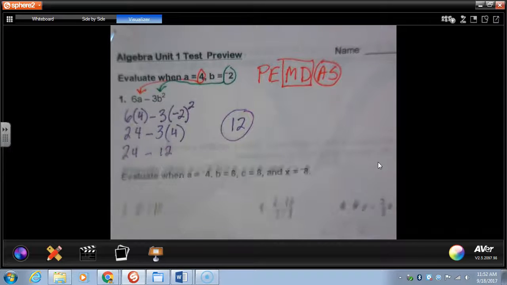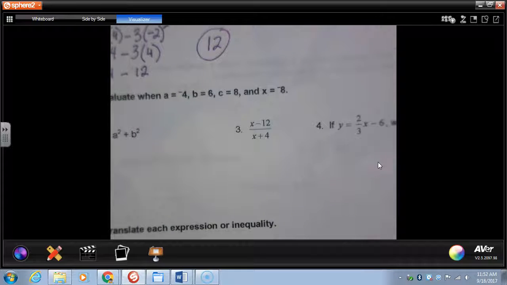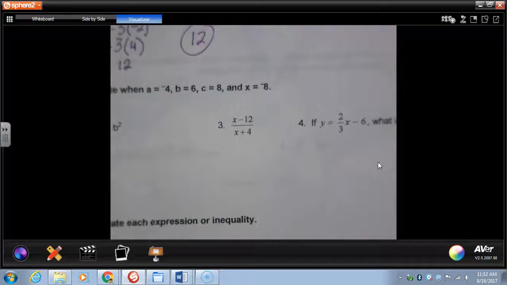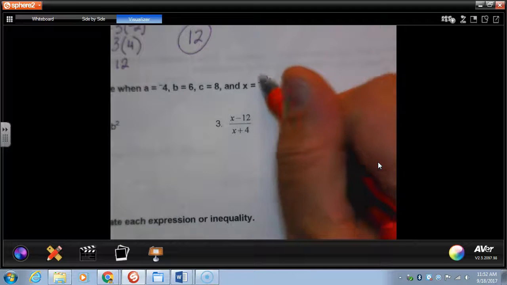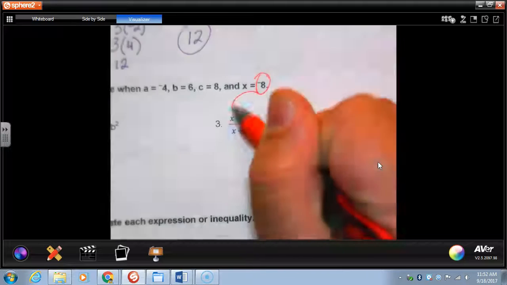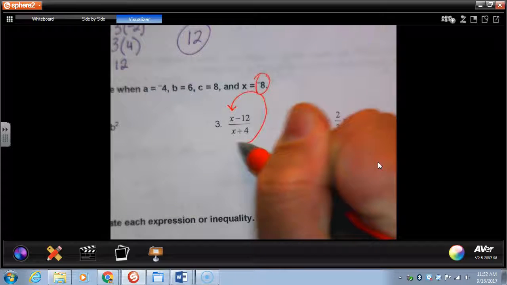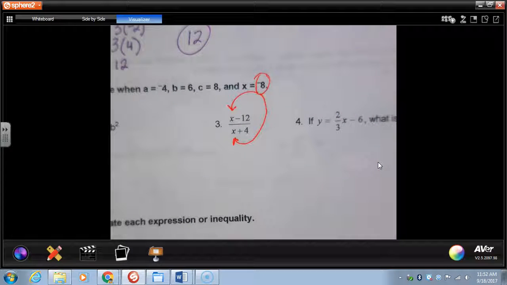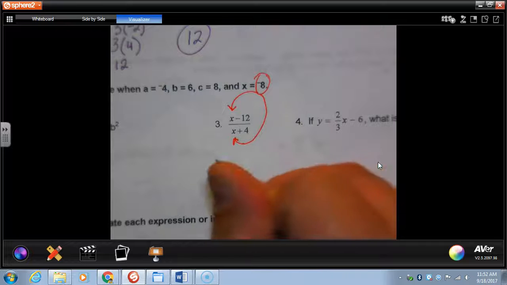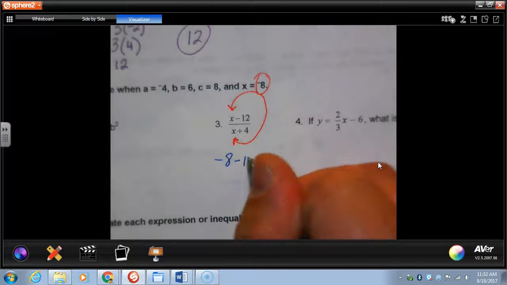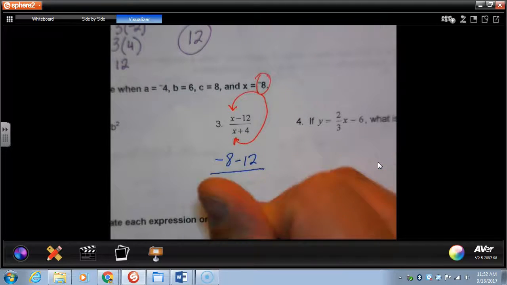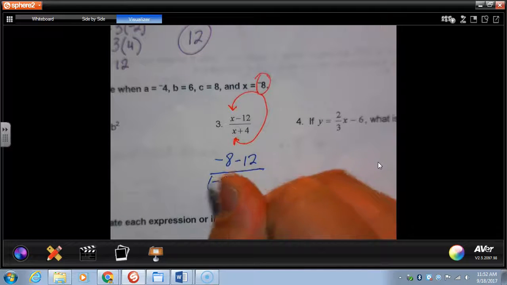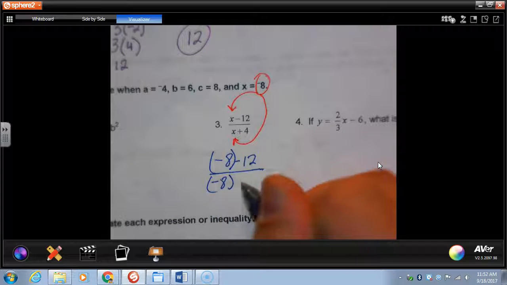How about number 3? My x is negative 8. So wherever I see an x, I'm going to substitute in negative 8. So I get negative 8 minus 12 divided by negative 8 plus 4.